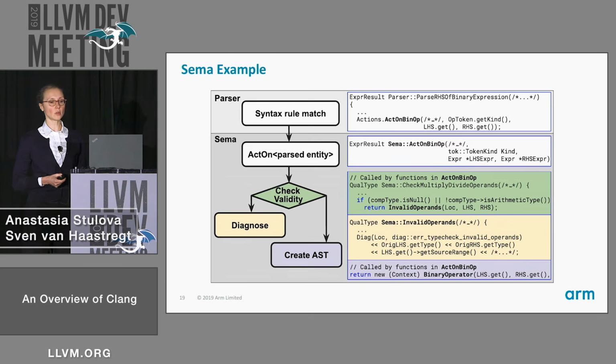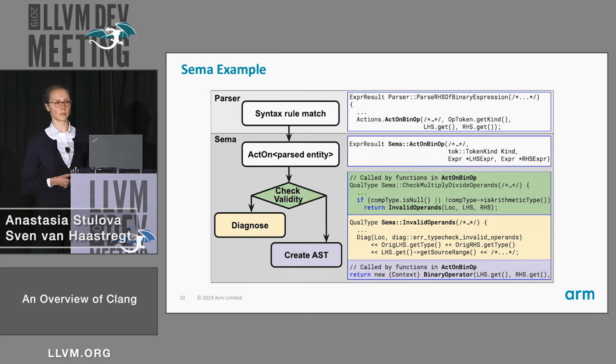So at the end, if you don't have any diagnostic, or if maybe the diagnostics aren't severe, you will end up creating an abstract syntax tree, and that's simply done by constructing an abstract syntax tree node, just invoking a constructor regularly. As in this case, we are constructing a binary operator, and we pass the left-hand side and right-hand side to it. Just to point out, this image of how SEMA works is really idealized. In reality, there are very few places where SEMA actually works like this.